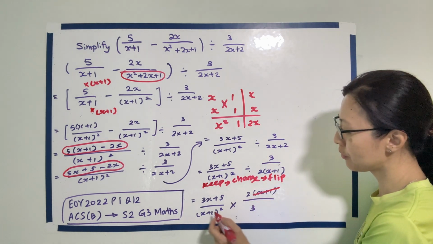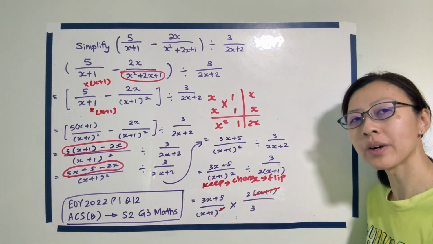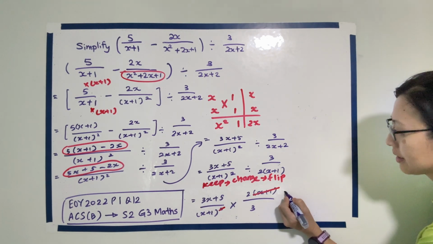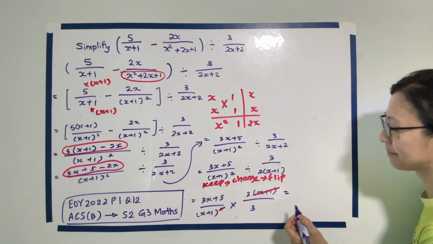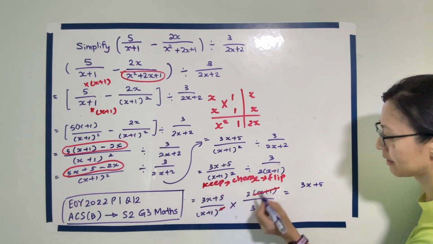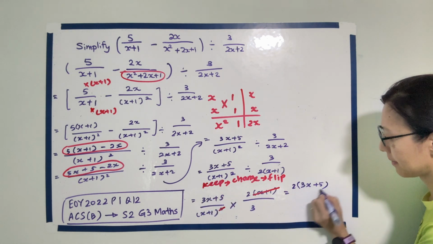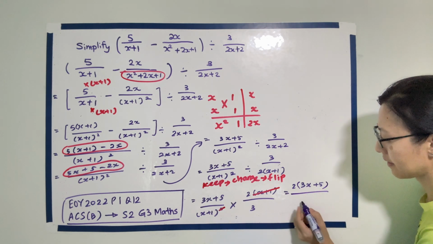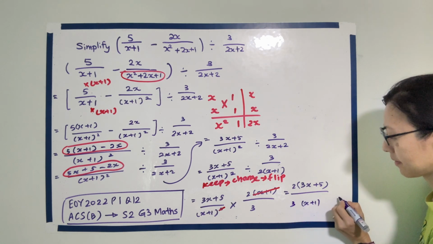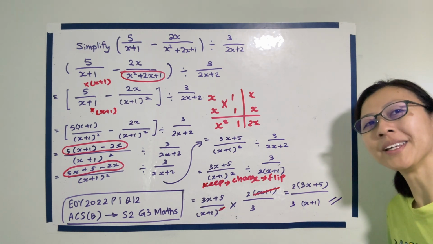So we divide both numerator and denominator by 1 time of x plus 1. And from here, you will end up with the final answer. And this will be it.